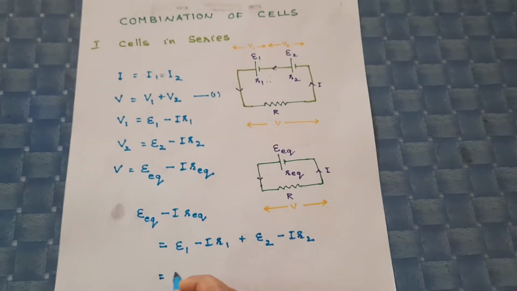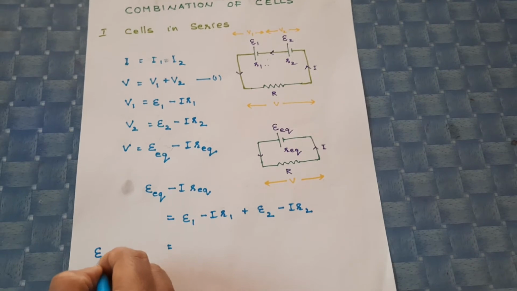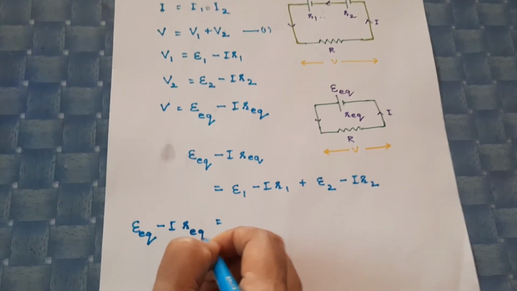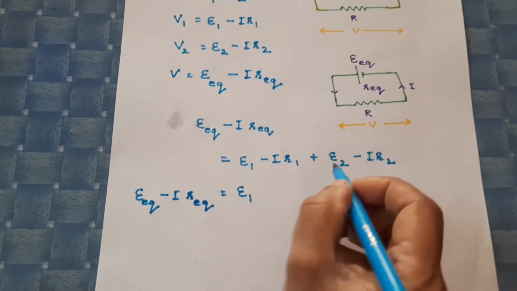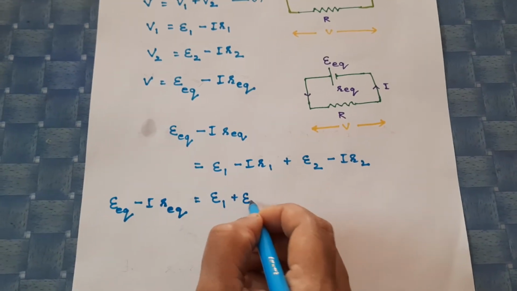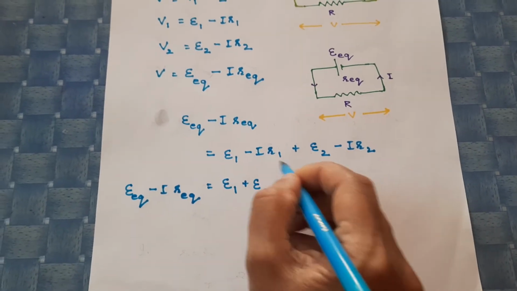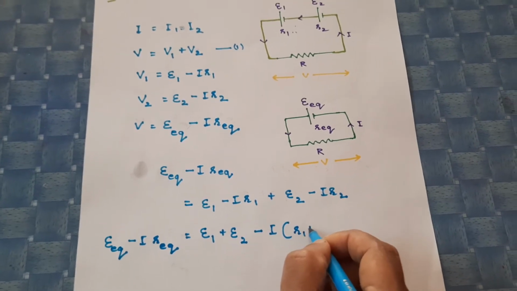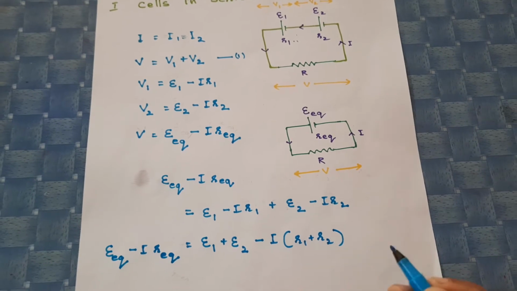So let us write the equation as E equivalent minus I into R equivalent is equal to E1 plus E2, then minus I can be taken as common, then in bracket R1 plus R2.